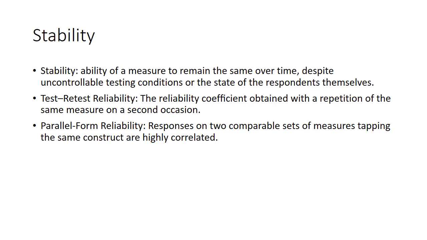It means the responses must be correlated. Two comparable sets of measures means, for example, you are measuring a variable with four questions, so the four questions must be highly correlated, of a single variable. This is the concept of parallel form reliability.